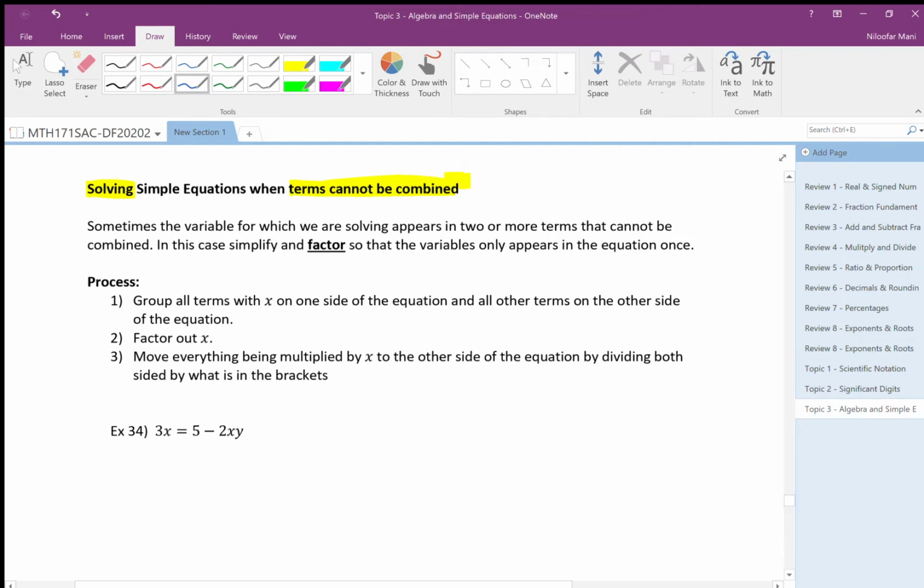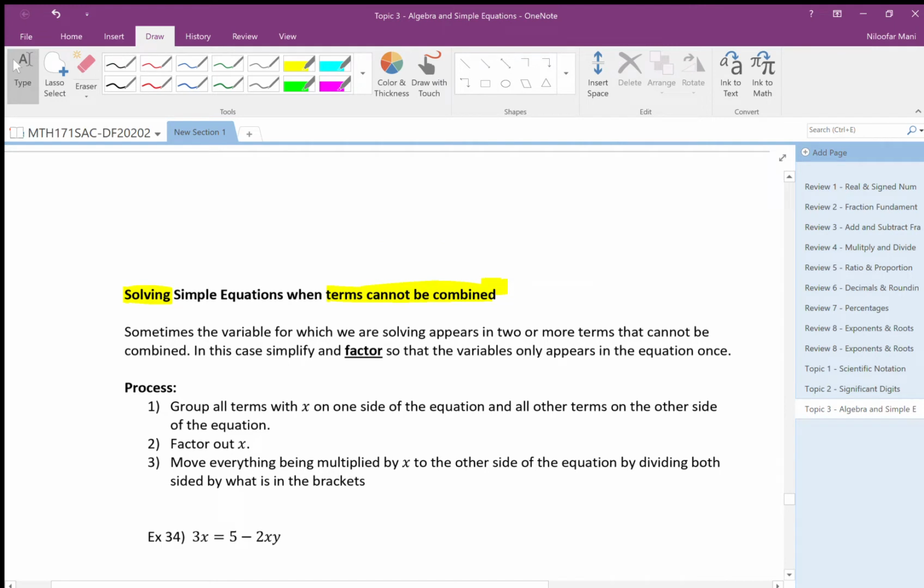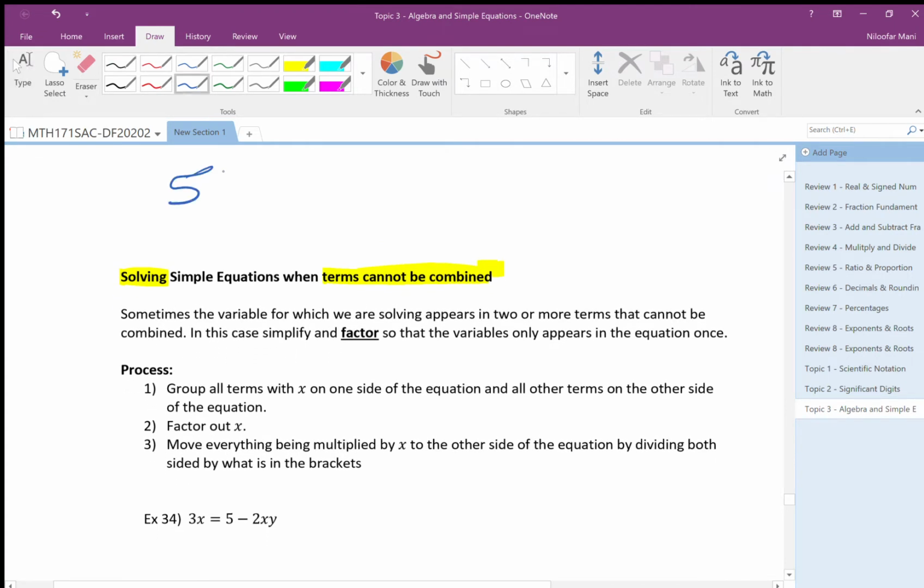See, for example, if I have 5x equal 2x plus 3, then I would say, okay, simplify each side. Each side is simplified. There is no fraction, so I don't need least common denominator.